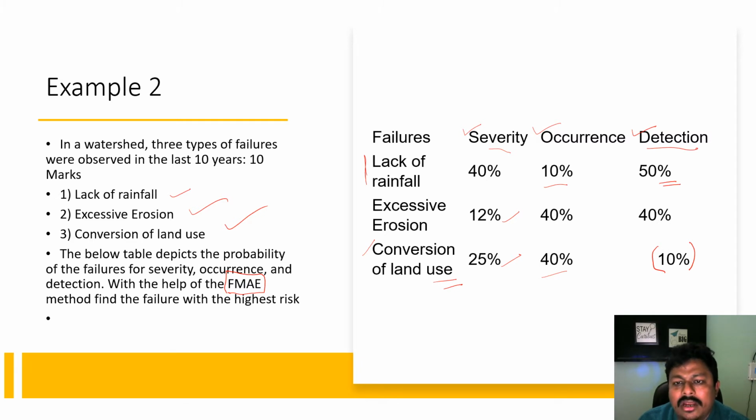Okay. Now, how to find the most significant failure among these three failures? What we do is we simply multiply these three. 40 multiplied by 10 multiplied by 50. So it becomes, as you can see, 20,000. Again, there you multiply all these three.